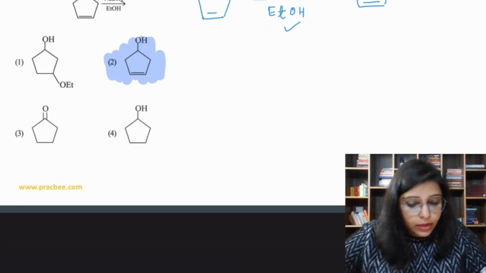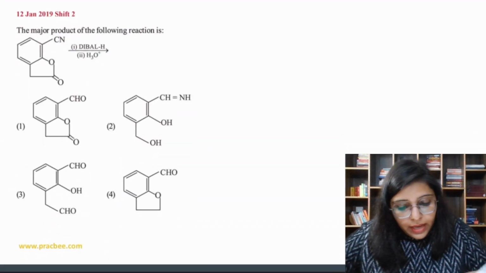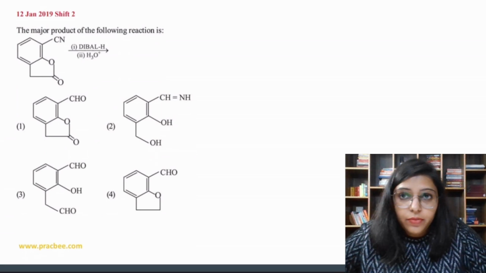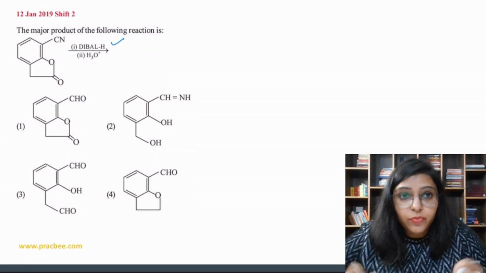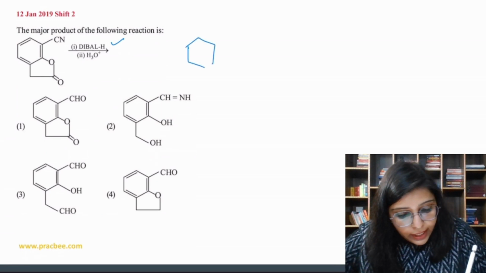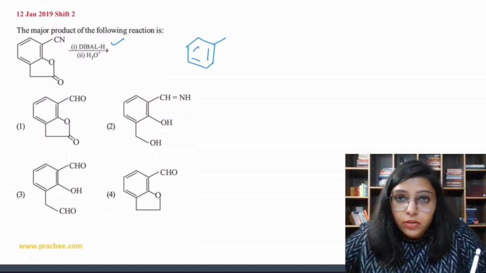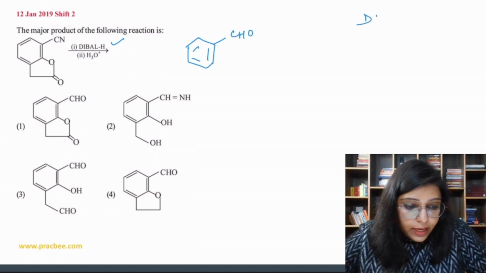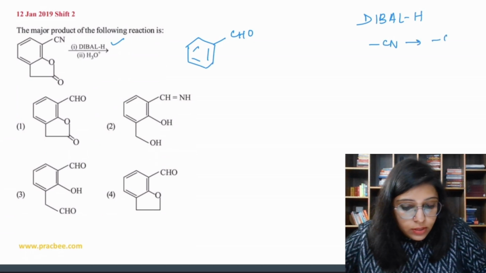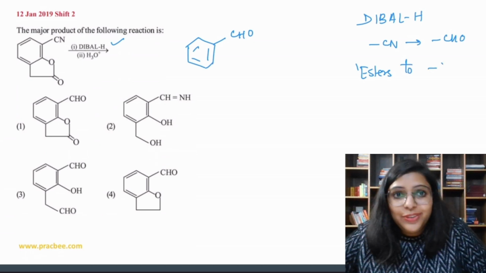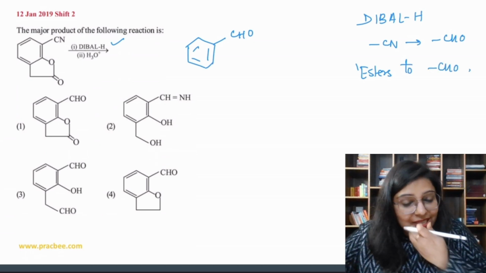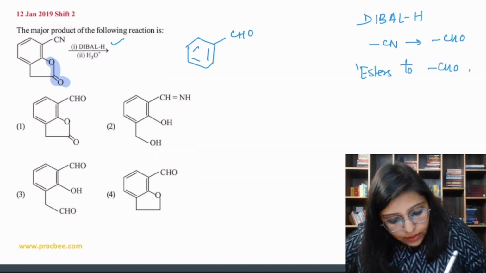Okay, next question. We have this, the major product of the following reactions. So we have DIBAL-H, diisobutyl aluminium hydride. What is the role of this reagent? It converts cyanide to CHO. DIBAL-H converts cyanide to CHO and esters to CHO, right? So it means this is ester, this is ester.